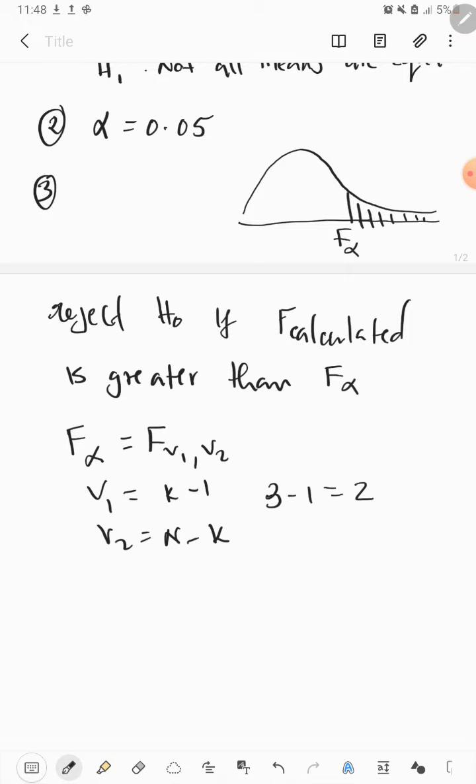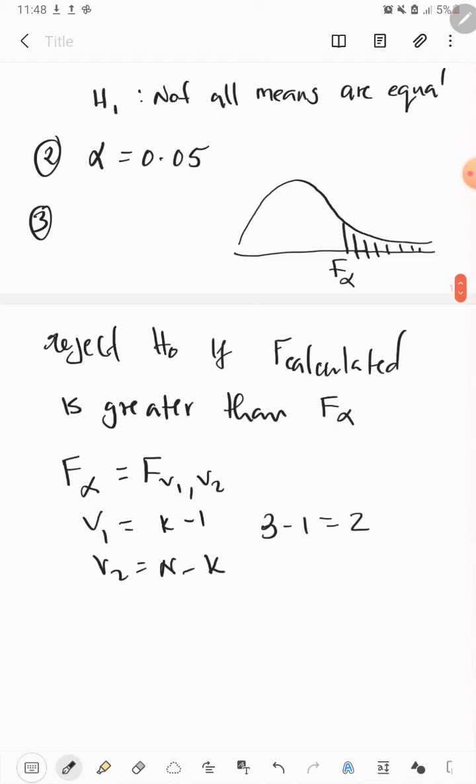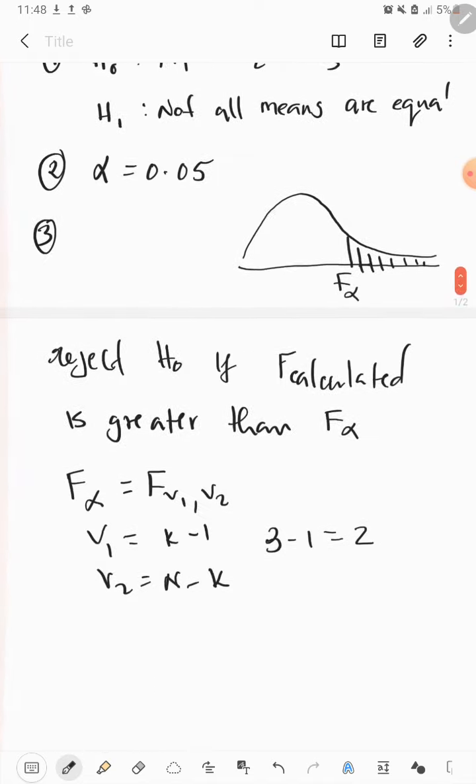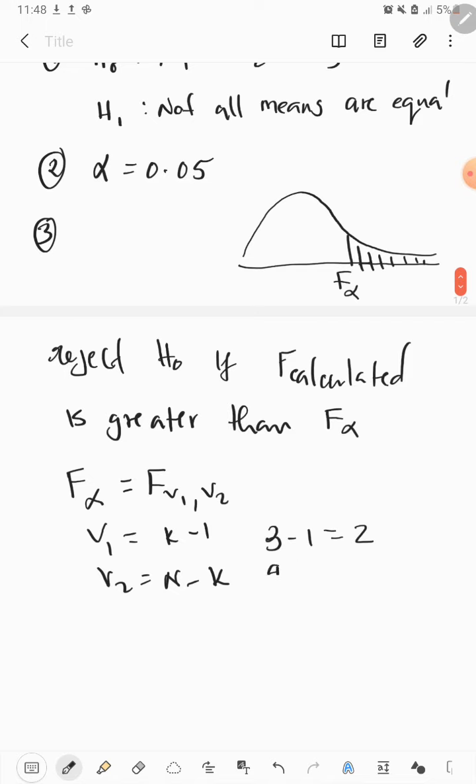Our n is the sum of all the sample sizes. In our example, the first population has 3, the second has 4, the third has 2. When you add these, you have 9. 9 minus k, which is 3, gives us 6. So v1 is 2, v2 is 6.